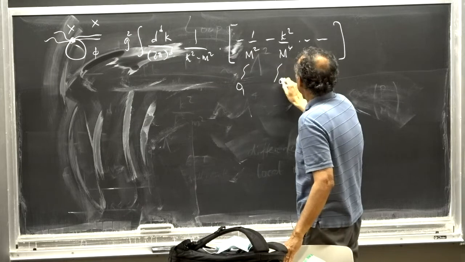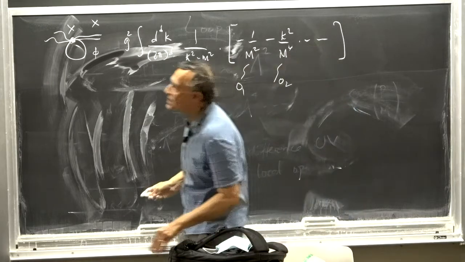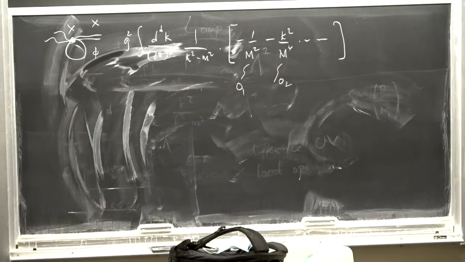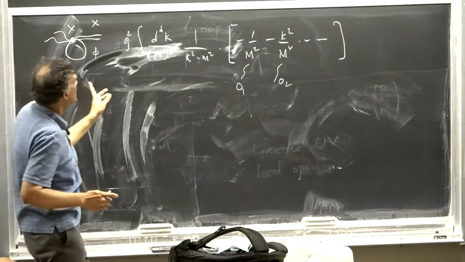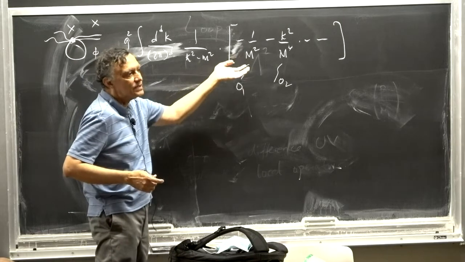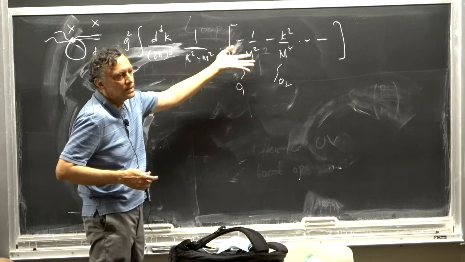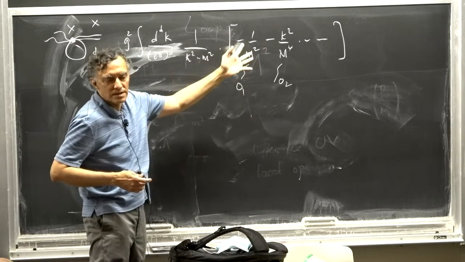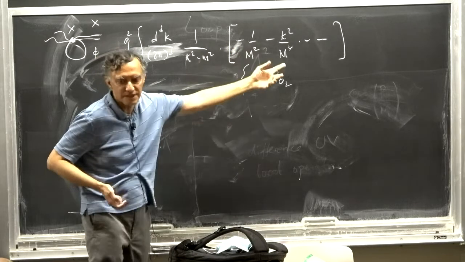This is the contribution from O2, et cetera. Because every term in the Taylor series expansion here, the 1 over m squared is O1, that's O2, that's O3, and so on. So the difference in the two is whether you expand before the integration or not. So this is the EFT integral.